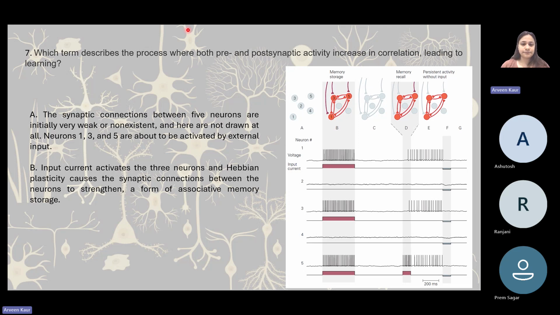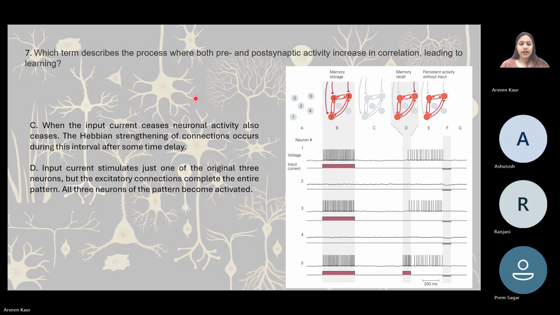Thereafter, when the input current ceases, neuronal activity also ceases. The Hebbian strengthening of connections occurs during this interval after some delay. So what happens after some delay? Input current stimulates just one of the original three neurons, for instance, only one.